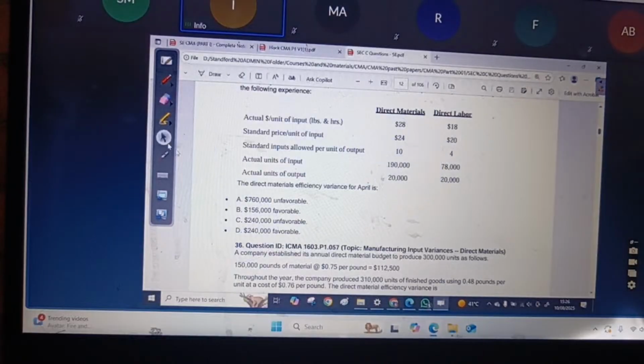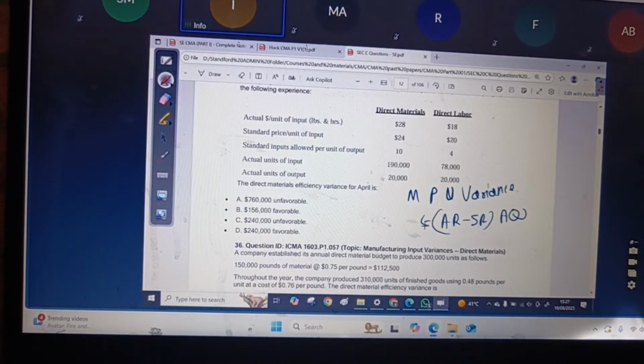Can you calculate material purchase usage variance? What is the formula? Actual minus standard rate for actual quantity. What is the answer for this? Actual rate is 28 minus 24. What is the actual quantity used? 1,90,000.